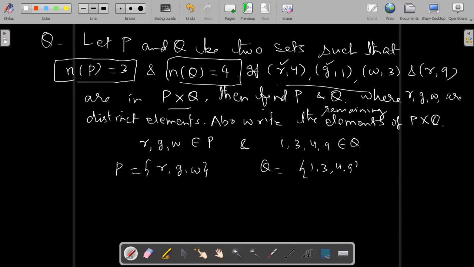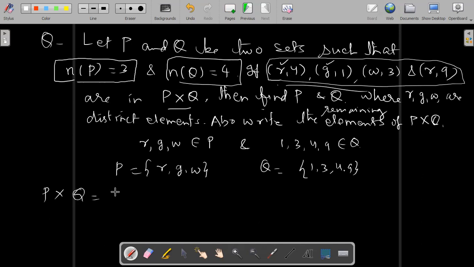But not all elements are written here. 4 threes are 12. They have written only 4 elements, but there are 12 elements in P cross Q. So they asked to write all other elements. First we write all the possible elements in P cross Q: R1, R3, R4, R9.